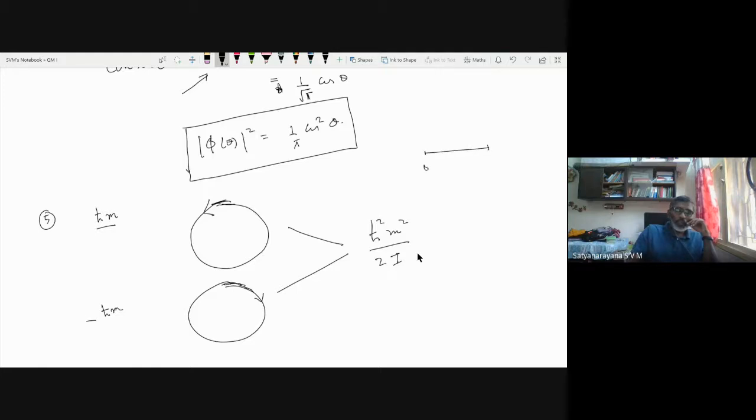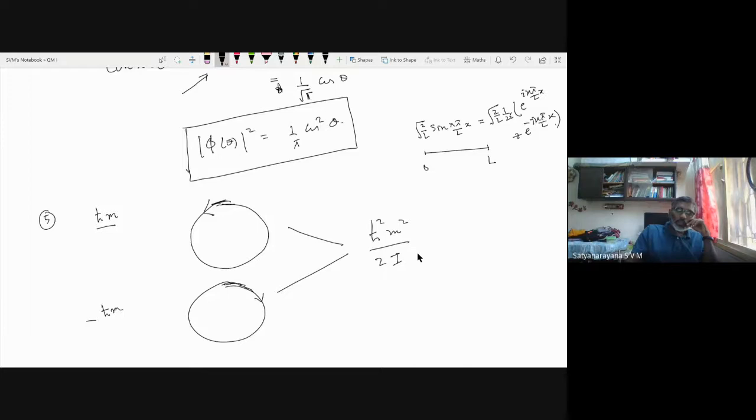Also you may recall, you have 0 to L, then you have root 2 by L sine n pi by L x as our solution. But now this is made up of two functions, right? So this is equal to root 2 by L into 1 over 2i into e to the power i n pi by L x plus e to the power minus i n pi by L x.